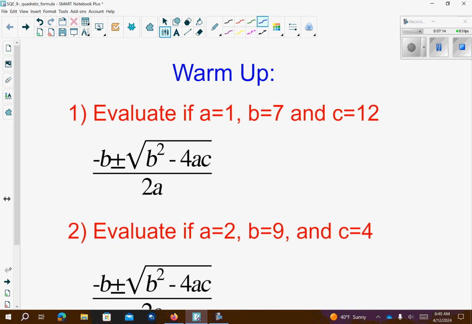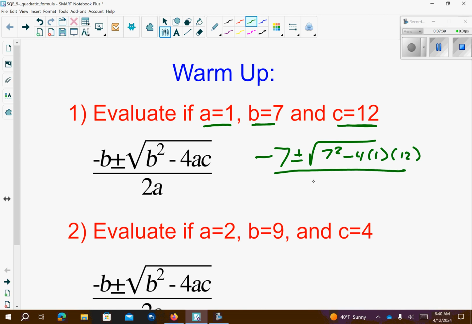All right, so substitution. I know that A equals 1, B equals 7, C equals 12. So let's plug it into this equation. There's a negative in front, so I'm going to have a negative, bring the 7 down, that's what the B was, plus or minus the square root, B squared, that's 7 squared, minus 4 times A times C, all divided by 2 times A. Now let's clean it up.